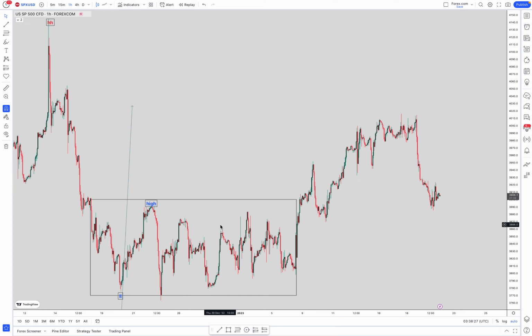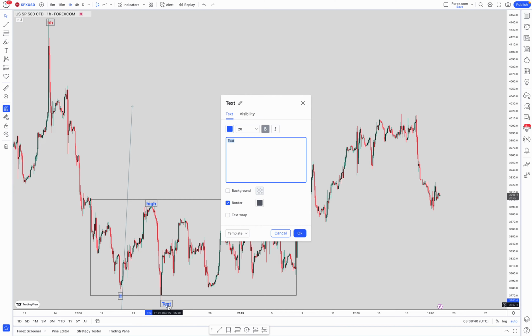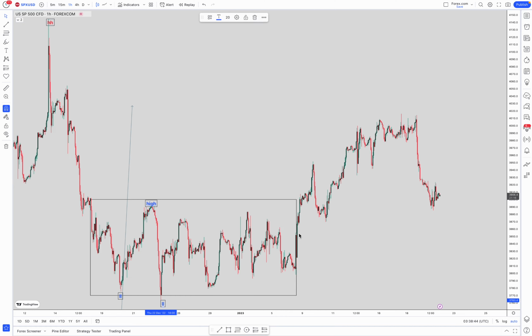Okay. So we establish this as a lower low. And then we can use the Fibonacci from here to there.